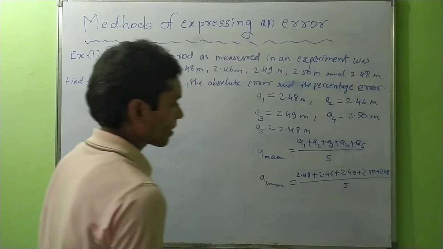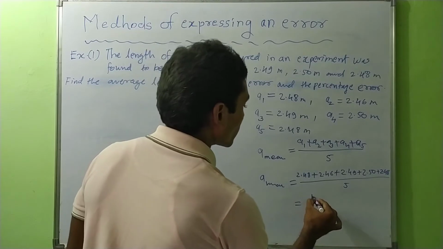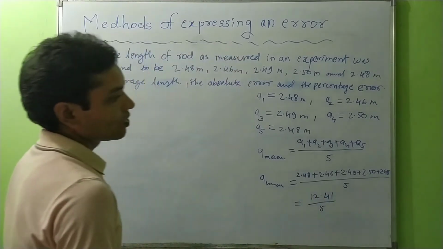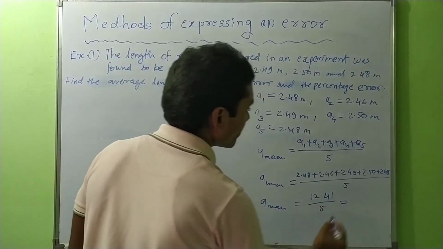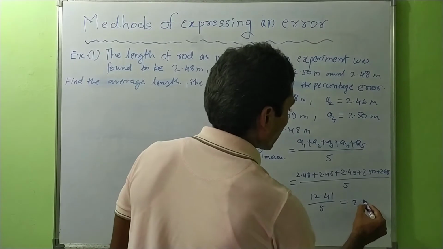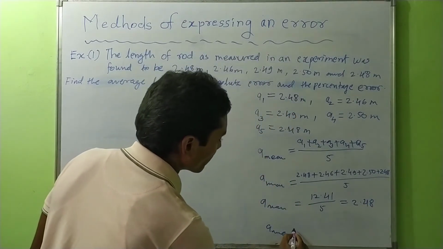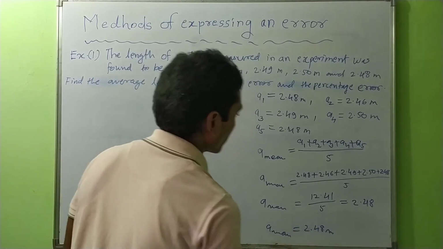This is 12.41 upon 5. So A mean will be equal to 2.48.